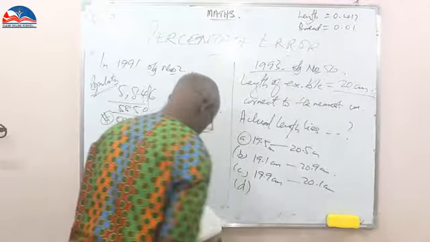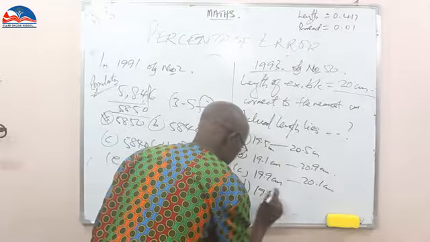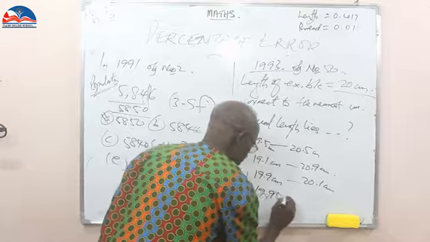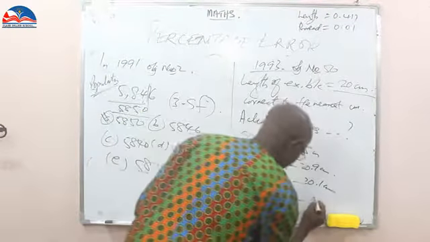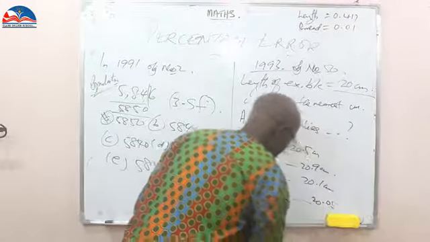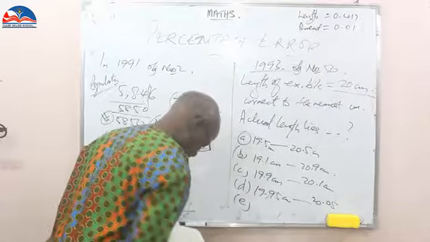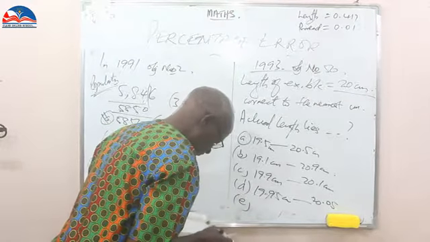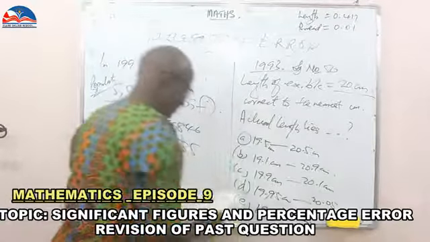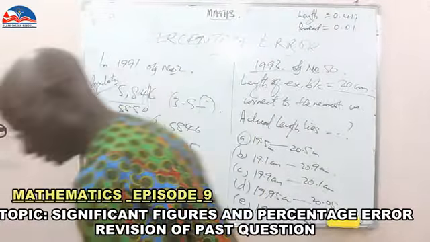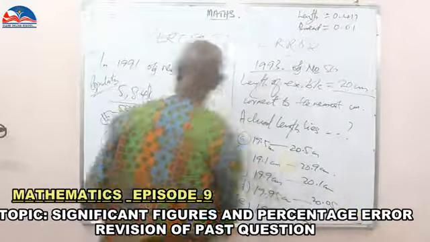D. Between 19.95 cm and 20.05 cm? And finally E. 19 to 21 cm. This is exactly what we treated as approximations, reminding us of approximation.